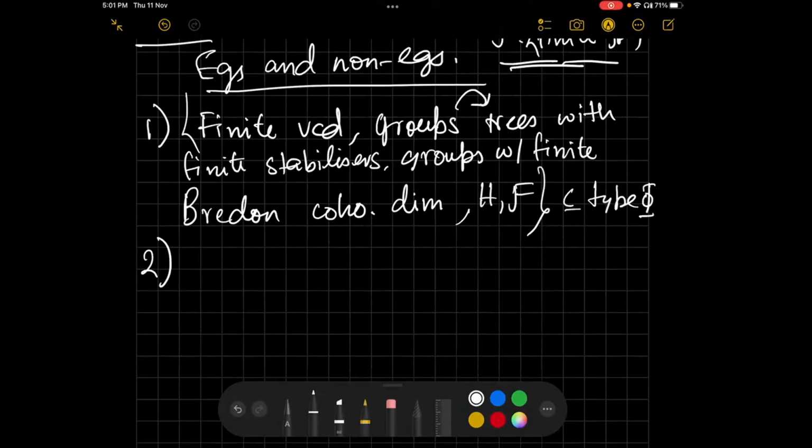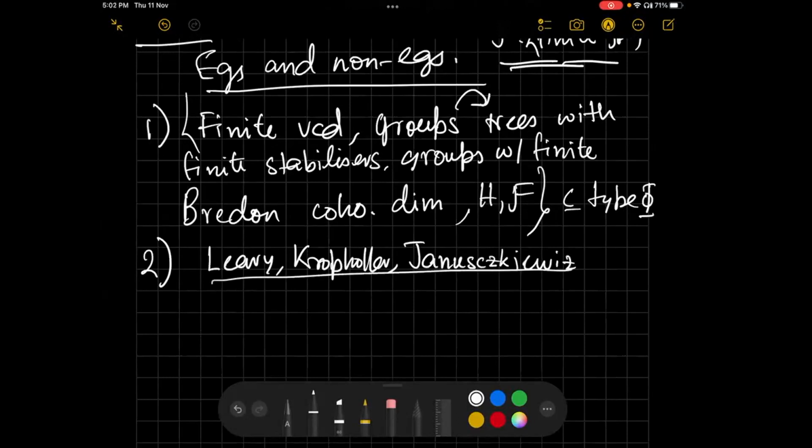And actually, very recently, Ian Leary, Peter Kropholler, and Tadeusz Januszkiewicz, I might be getting the spelling wrong.